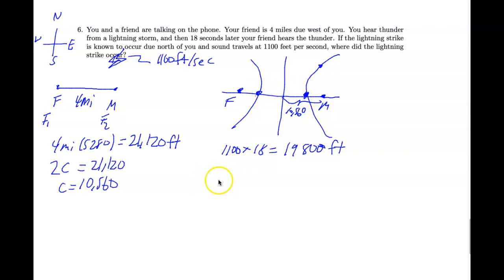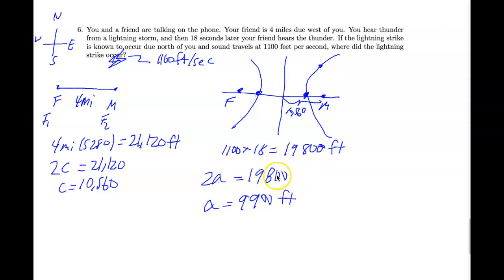Since the difference of the distance from a point on the hyperbola to me and to the friend is a constant, it's this constant 2a. So 2a will equal 19,800. When we solve for a, we get 9,900, and this is in feet.